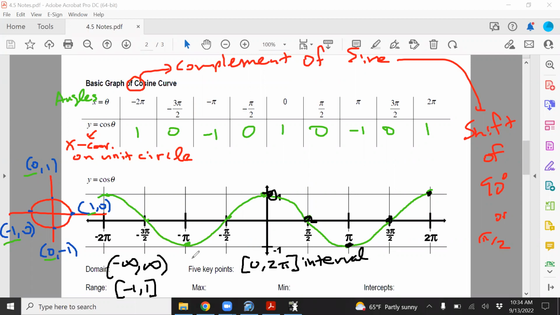So my max happens at (0, 1) and (2 pi, 1). The min is at (pi, -1). The intercepts are here.